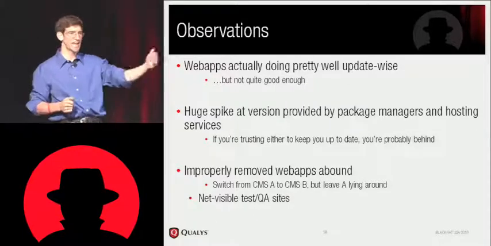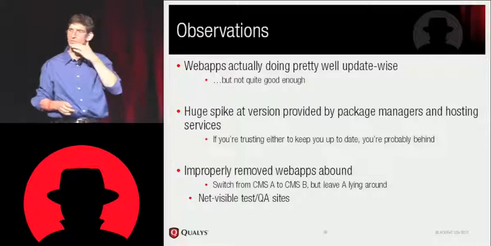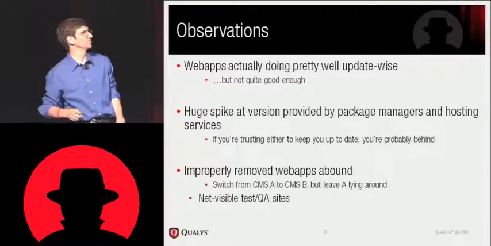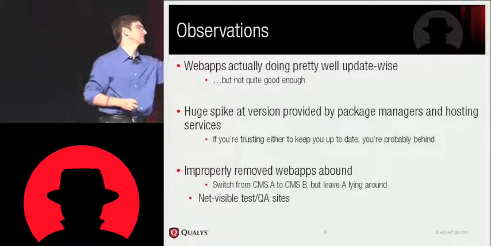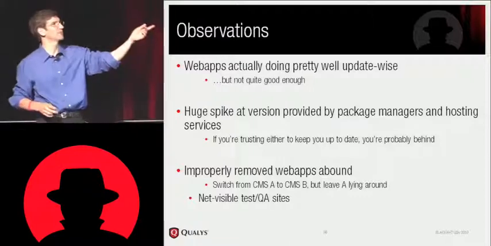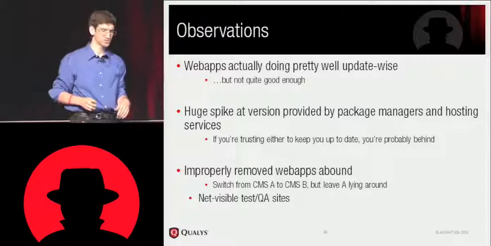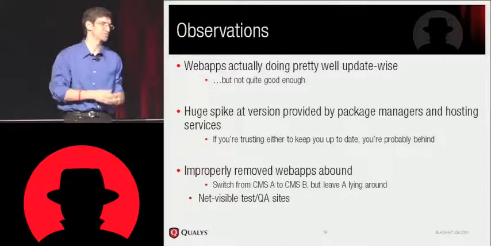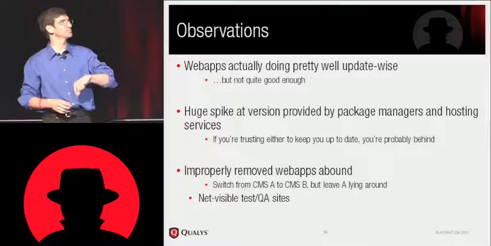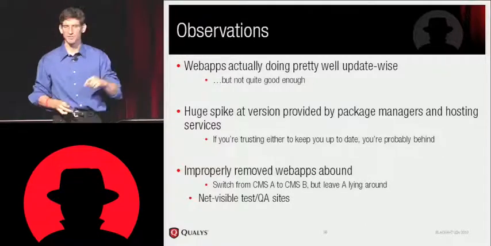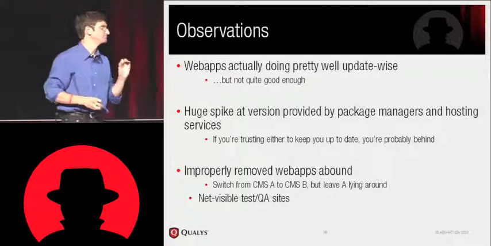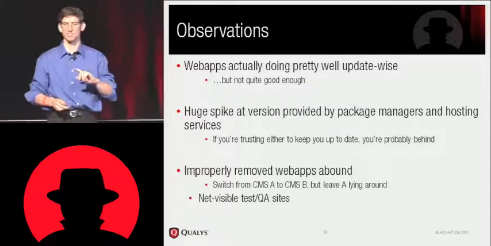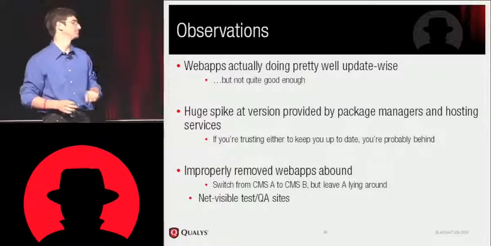You really need to be in the last 1 or 2 or 3 versions to stay out of those vulnerabilities. We see, as I pointed out, a huge spike at versions provided by package managers and hosting services. So you can't blindly trust those to keep you up to date. There is a possibility some of those were backporting the patches, but that's not happening in a lot of cases. We can go back and see if it changes the numbers too much. I don't think it will.